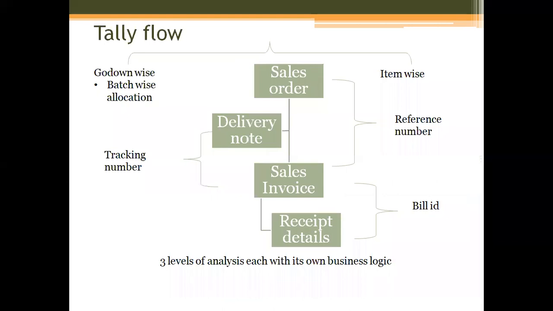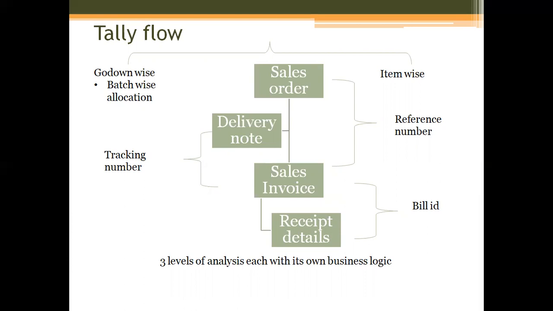Just to give you a brief overview, I will hand it over to Amrita from here on. You normally have a sales order. After a sales order, you have a sales invoice. Now, there is something called a delivery note. A delivery note is not an accounting entry, it's an inventory entry.